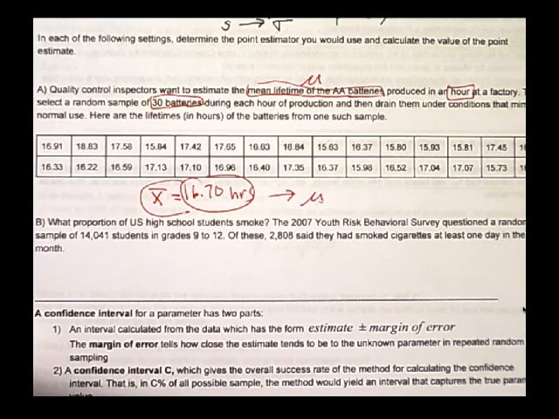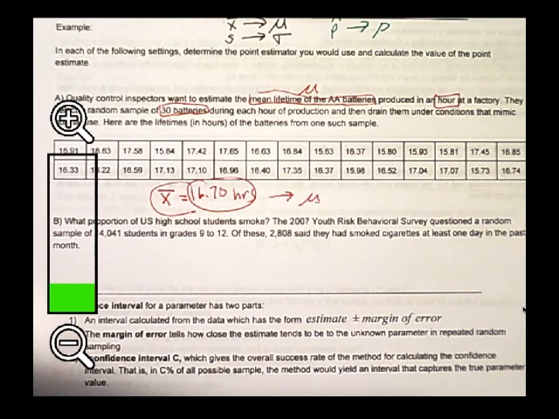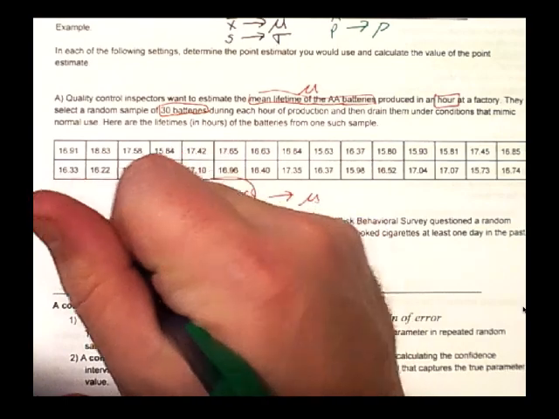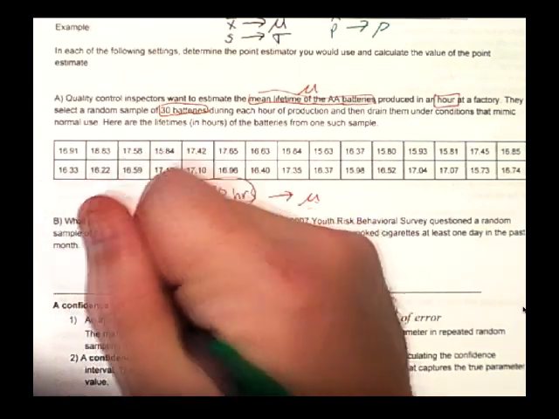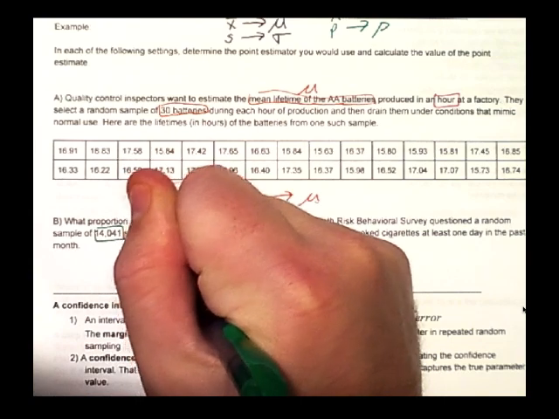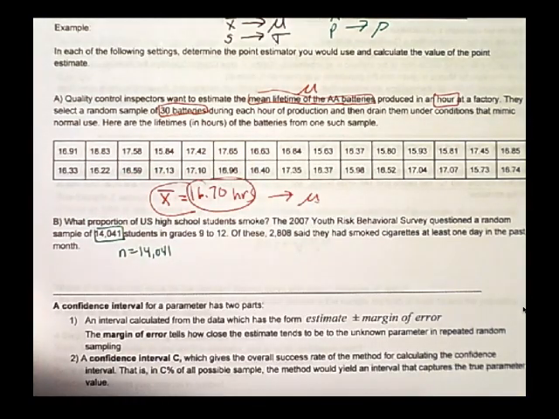All right, now let's look at question B. It says, what proportion of U.S. high school students smoke? The 2007 Youth Risk Behavior Survey questioned a random sample of 14,041, so that's my sample size, students in grades 9 to 12.